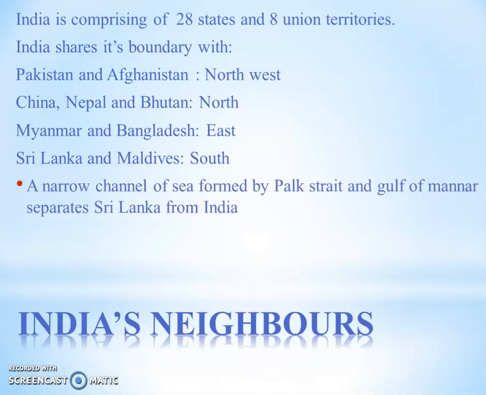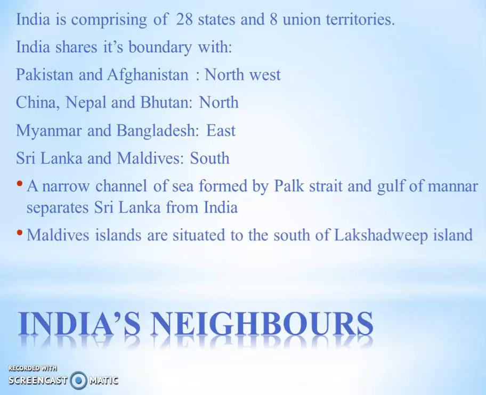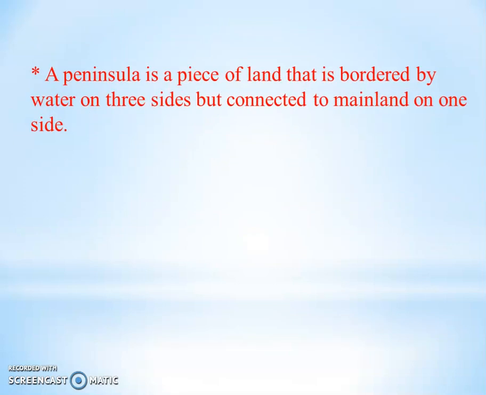A narrow channel of sea formed by Palk Strait and Gulf of Mannar separates India and Sri Lanka. The Maldives Islands are situated to the south of Lakshadweep Island. These are some facts. You can just remember them or use them in your answers. Yes, that was left.